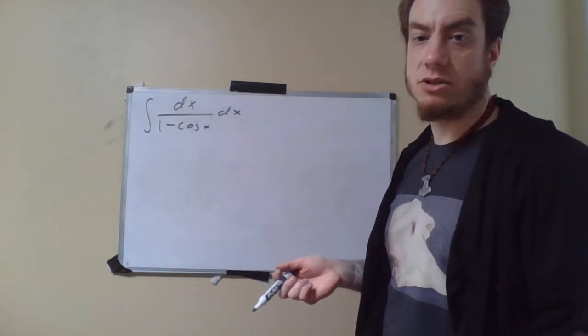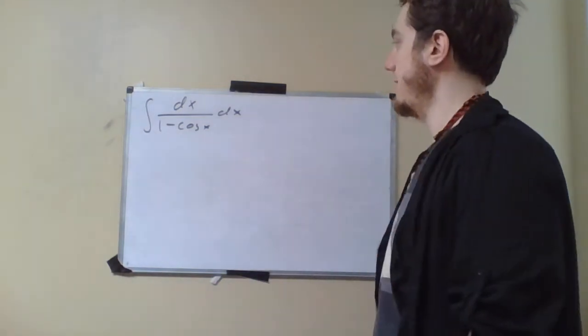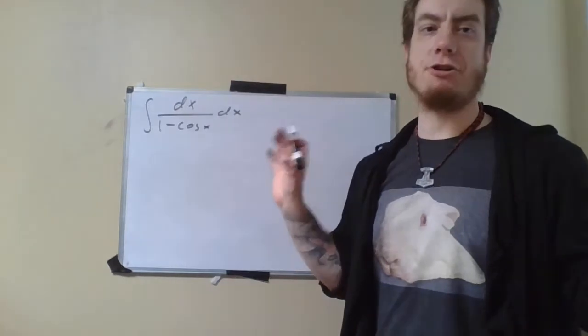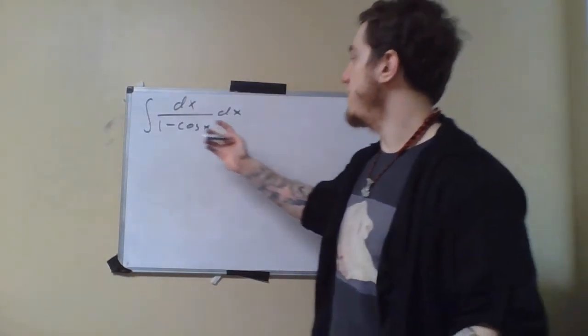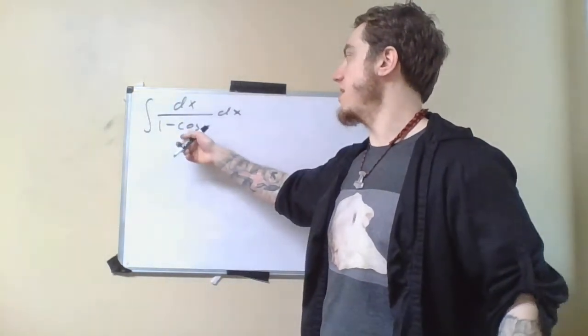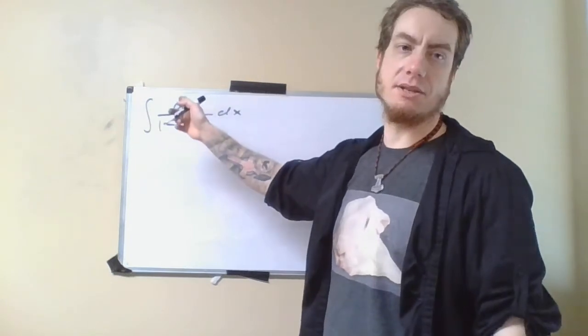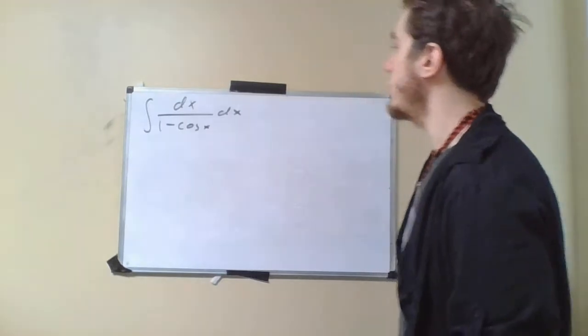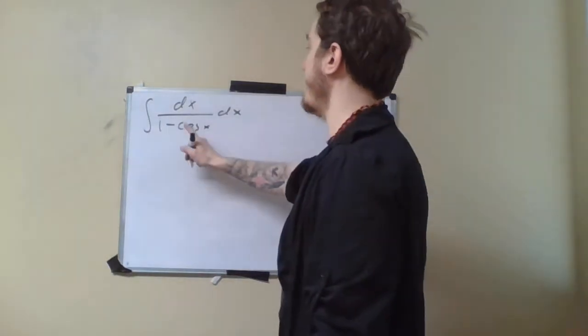But what I can think about is, what if I do something inspired by rationalization? Like, if this were some sort of square root type thing, maybe I could try rationalizing this expression. To rationalize, I would multiply by the conjugate.